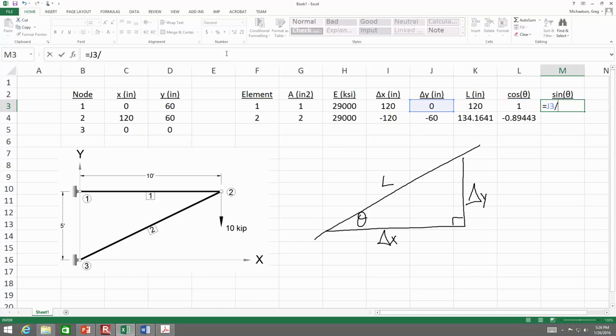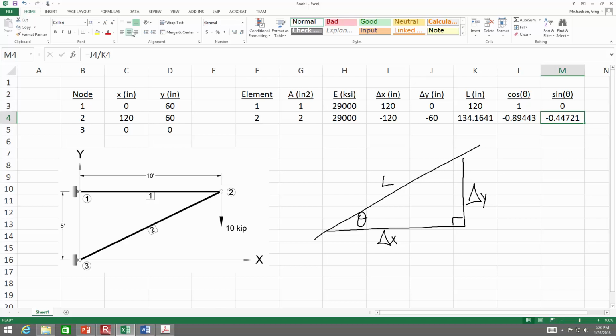Delta y divided by L. Look what we're getting. We're getting 1 and 0 respectively for the sine and cosine of the first member, indicating that that member goes along with that coordinate system, which it does. It's horizontal and in that direction. Second member, not so much. Everybody okay with this?